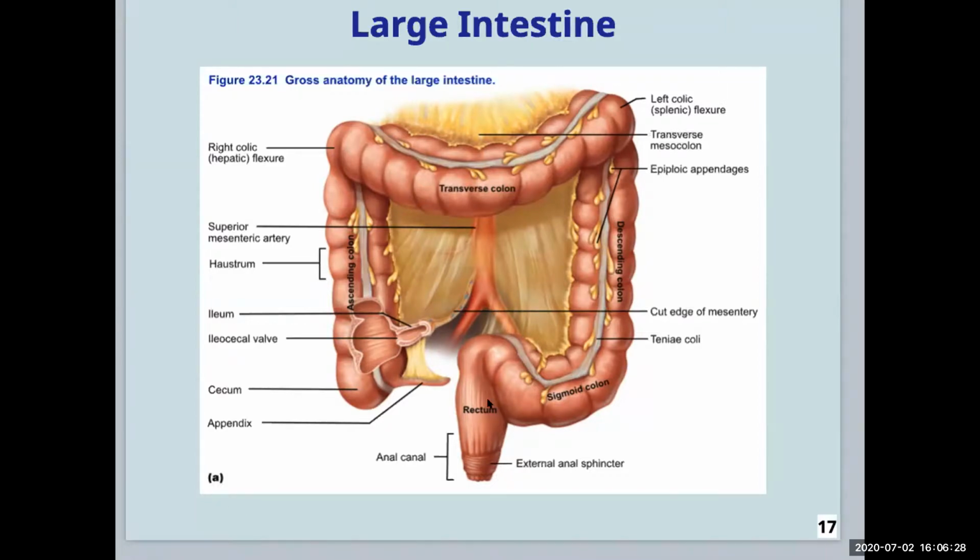And if you were to take a closer look at the microanatomy of the large intestine, it would not have villi or microvilli, unlike what you would see in the small intestine. So that tells you the large intestine is not really designed for effective nutrient absorption.